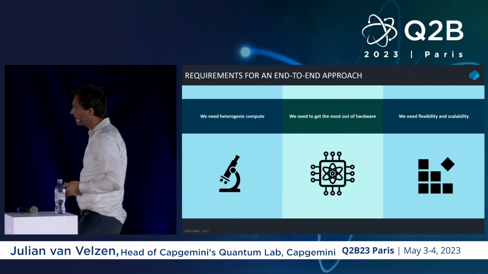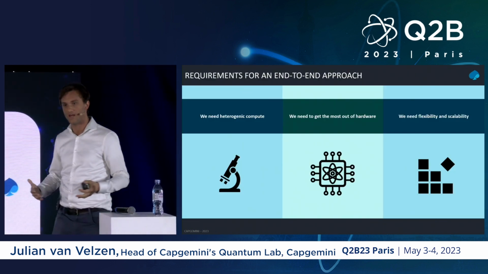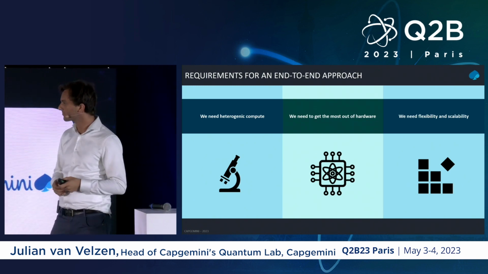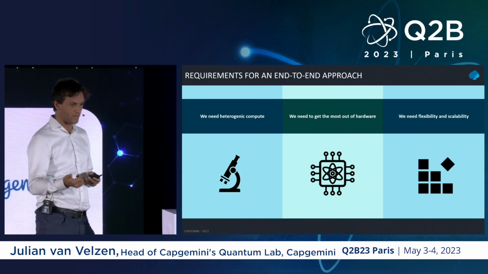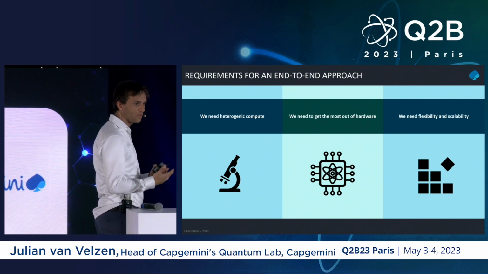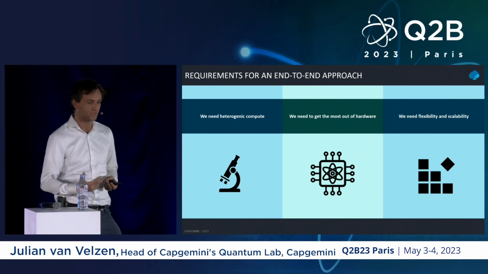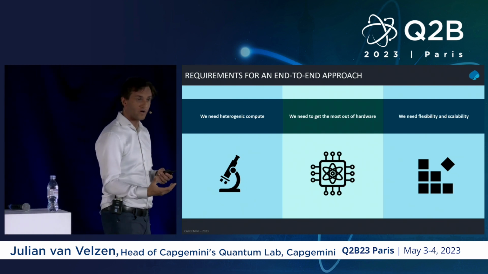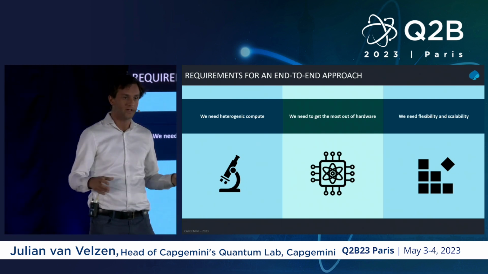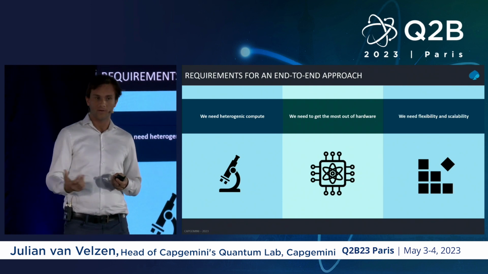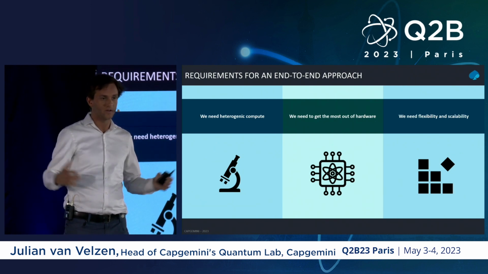If we think about the requirements for a real end-to-end approach, the first thing, as we mentioned earlier, is that we need heterogeneous compute. We need to think about how we can combine hardware, GPUs, CPUs, QPUs, etc. But not just at the hardware level; we also need to think about how we can decompose our problems, how we can think about fragments of molecules instead of the whole molecule.